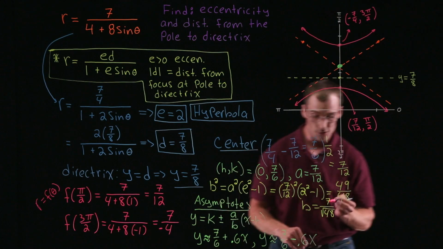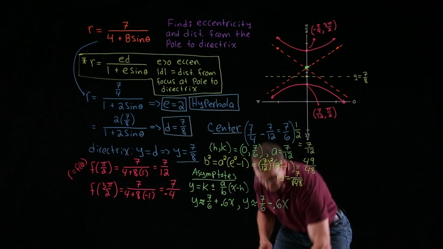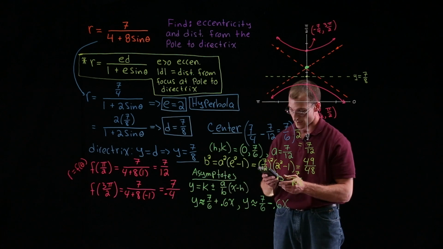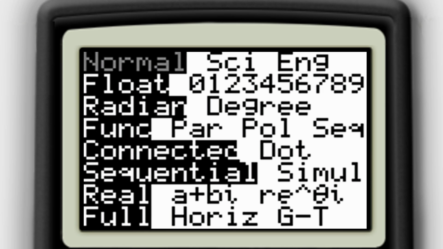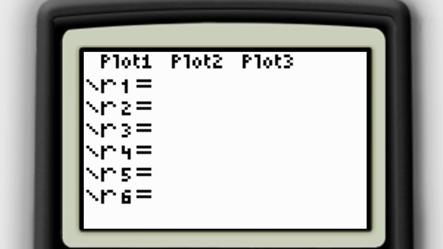Now we want to confirm that with a graphing utility. Taking our graphing utility and first making sure that our mode is in polar mode, we'll enter our equation in its original form, 7 divided by quantity 4 plus 8 times sine of theta.